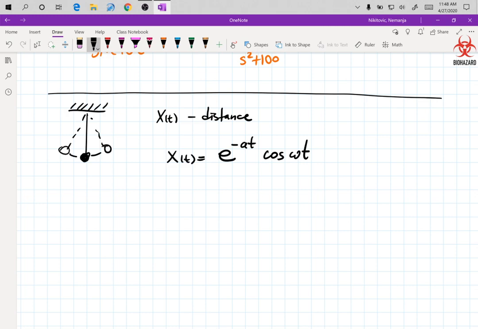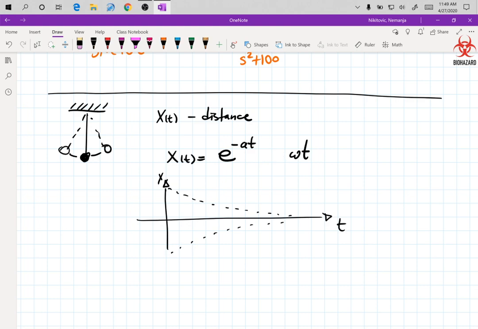Now the graph for this x of t, just to push this a little bit more. This is your time axis, this is your x-axis, which is your distance, and you have this e to the negative at graph, which exponentially decays, and it creates this sleeve.